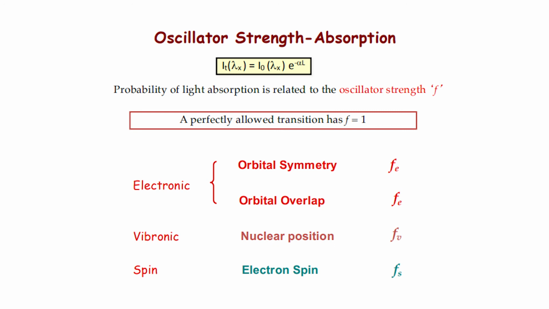At that time, the nuclear positions are going to be fixed. If the transition requires a change in the nuclear position, that has a very poor probability of happening. So at the end, all these three are going to be electronic, vibronic, and spin. How the positions of S0 and S1 are with respect to each other will decide whether a particular transition is going to be allowed or forbidden.